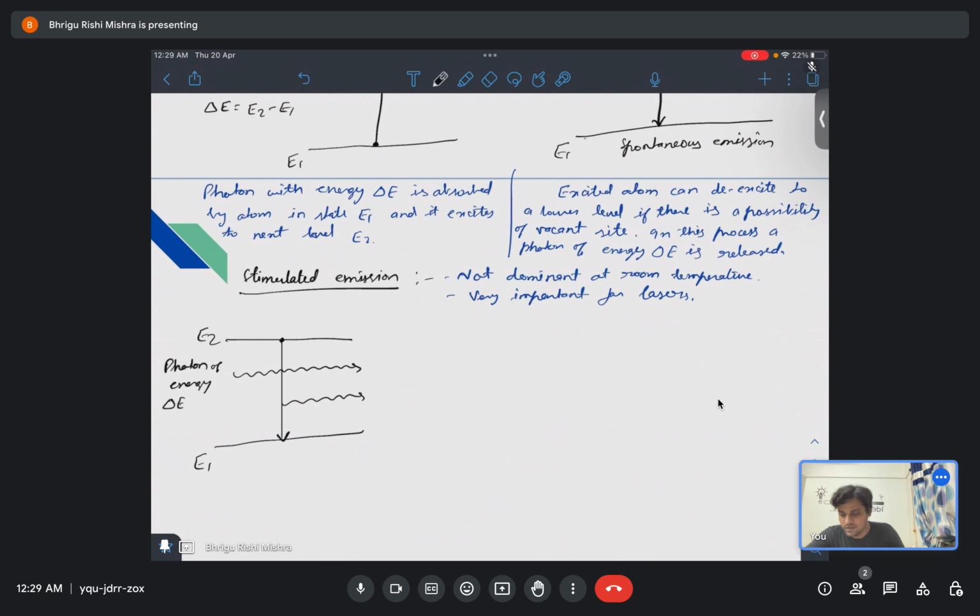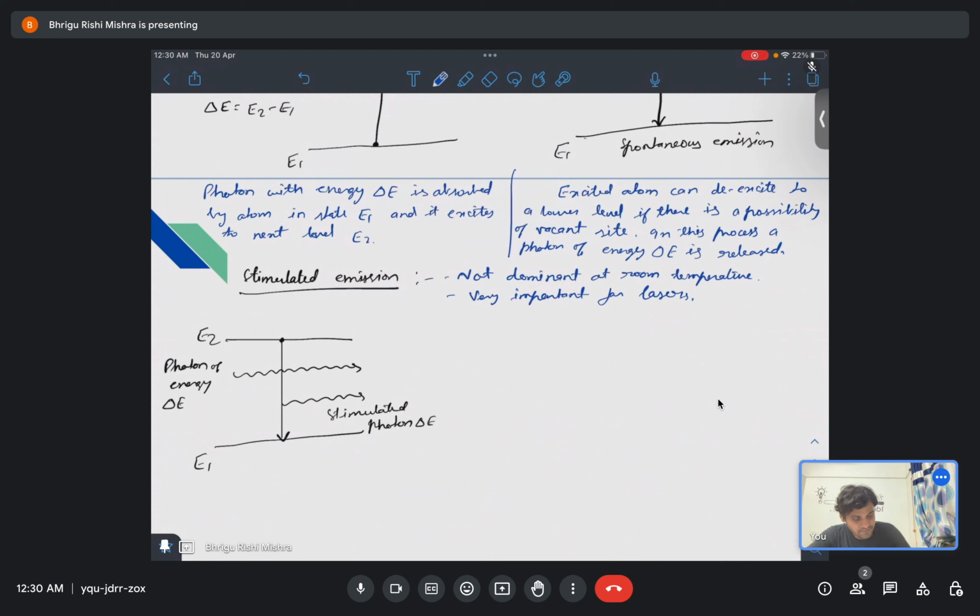So in this case we have two photons, and this stimulated photon also has the same energy, equal to the incident photon energy. This is the stimulated emission process.